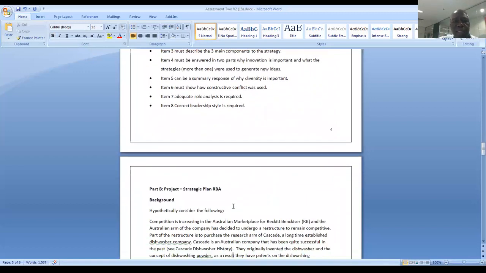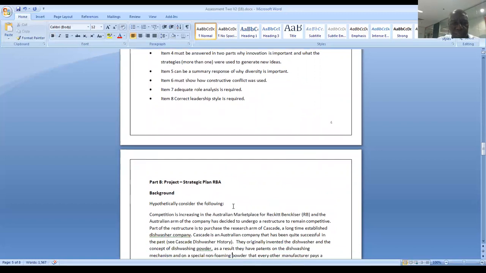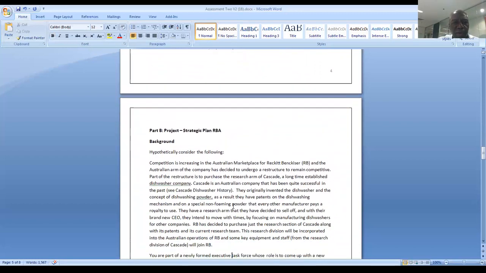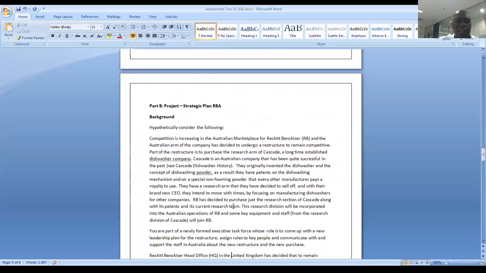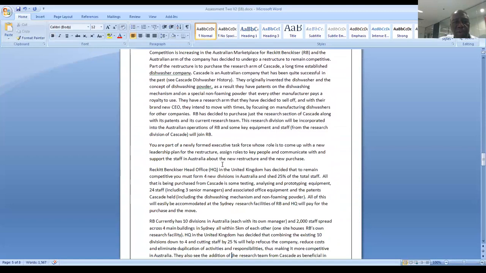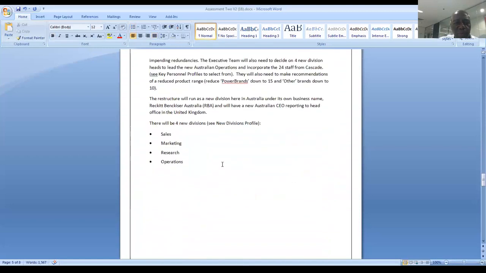Most of the questions there, we're not going to delve into, because you're simply taking the answers from the case study. And from there, you have to write a project for the strategic plan, a hypothetical. Competition is increasing in the Australian market, and the Australian company has decided to undergo a restructure. The question is, what are you going to do with the restructure? How are you going to explain it to your workers, your employees?